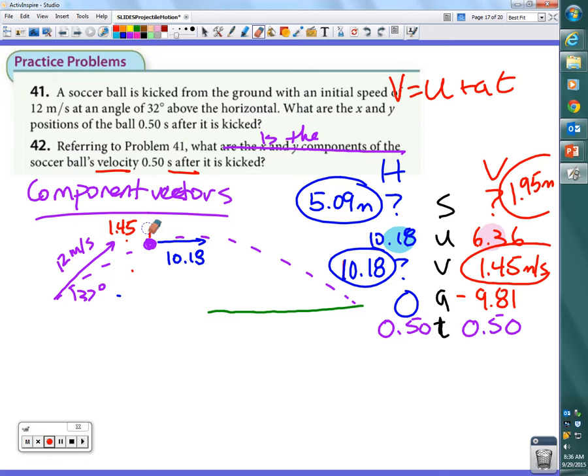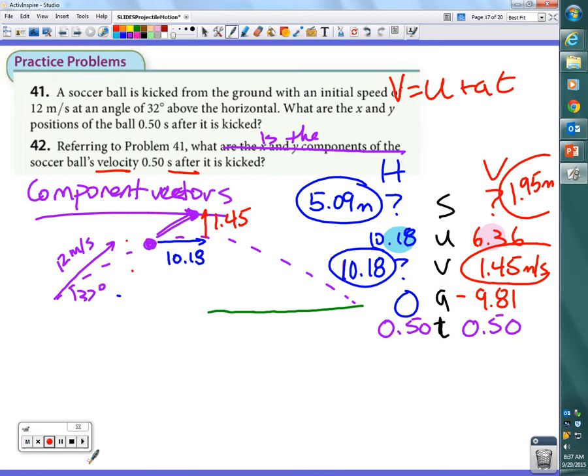This is faster. So I'll just move this red arrow from here to here. It's still 1.45, but now it starts where the previous one ends. And now I can find that hypotenuse, which will be the velocity at that point in time.